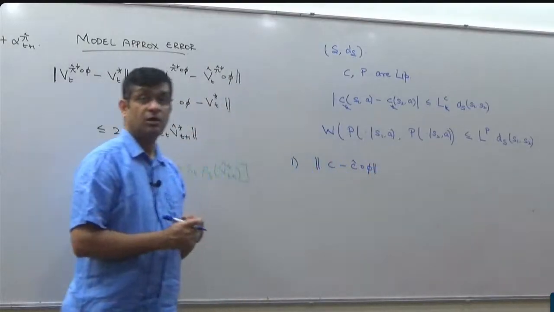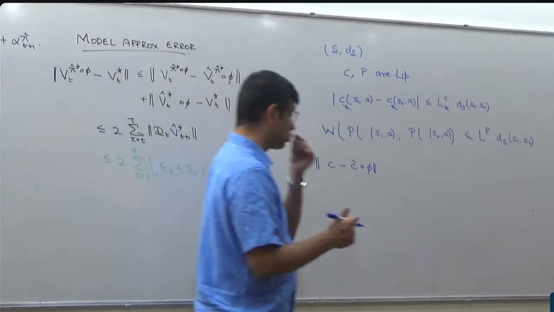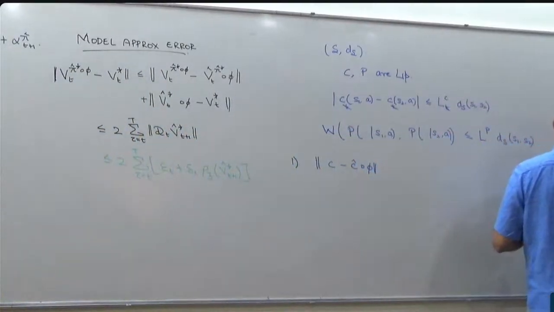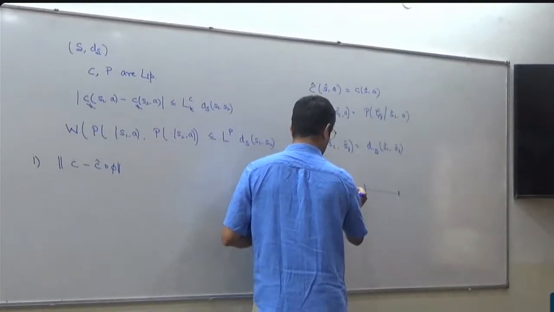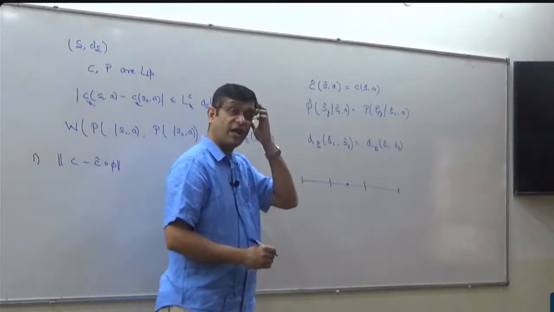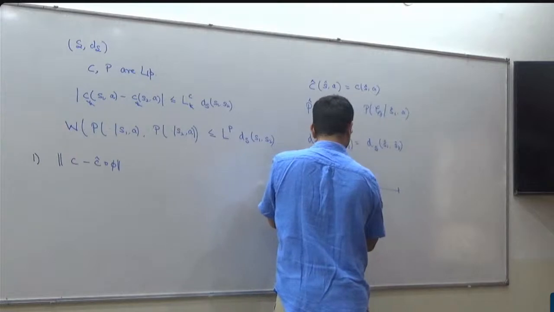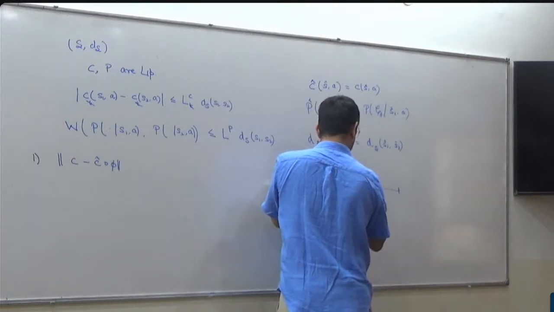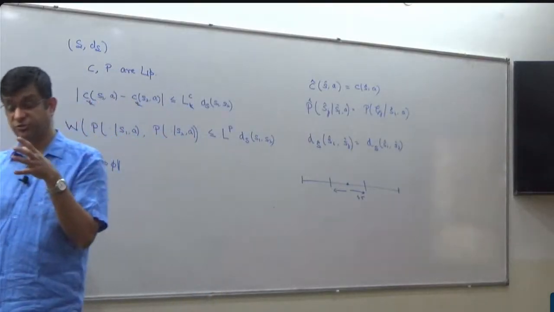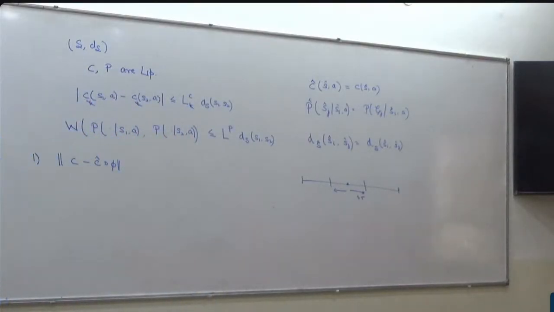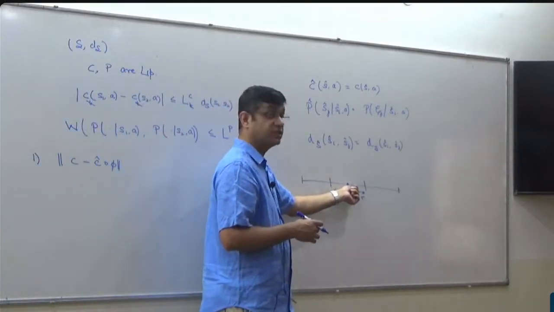I am going to make an assumption, and my assumption is that when I do this quantization, this is always the center of my code cell, and this distance is going to be less than equal to r for all code cells. So, I will assume that there is a radius r, and for all my quantized cells, when measured from the center, the distance is less than equal to r.